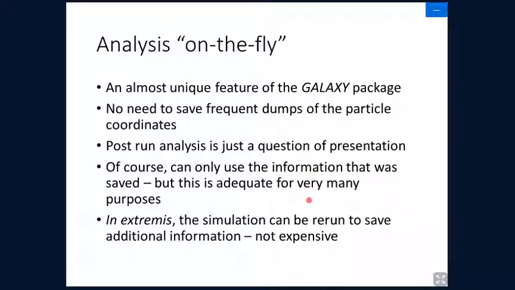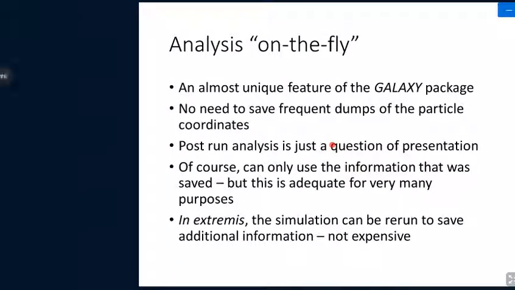That can be done, and because the Galaxy code is so fast and efficient, it's not unbearable to have to run a simulation a second time in order to extract information that you forgot to get the first time, or didn't realize that you needed to get. So this is not a particular weakness, and I think it's a great strength, that you can do this and then get the data, then create your figures for your paper with a relatively small amount of effort.